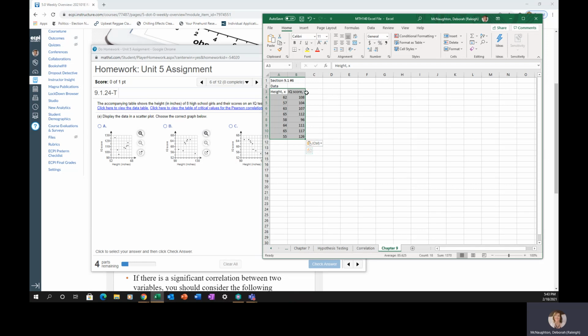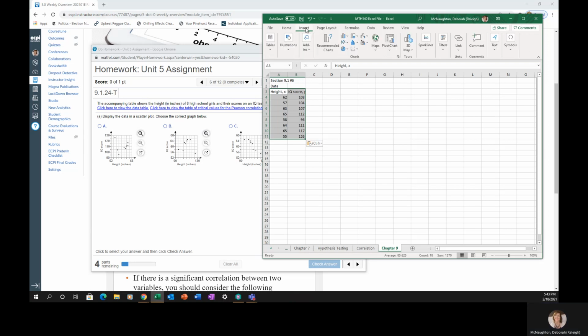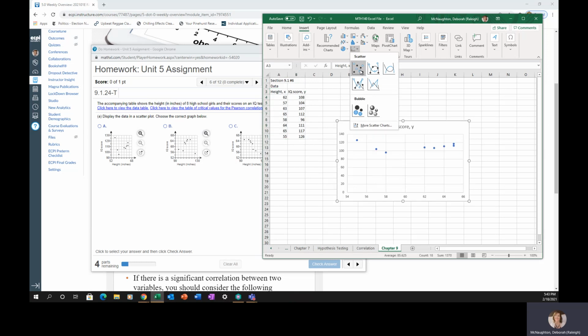All right, so to graph this, I'm just going to mark my data. If I include this, it'll include these as headers. And then I am going to go insert. And by the way, I created a whole video for you guys on how to create graphs in Excel. So we're going to go insert, and then we're going to pick this, and we want a scatter plot. So I'm going to pick this one.